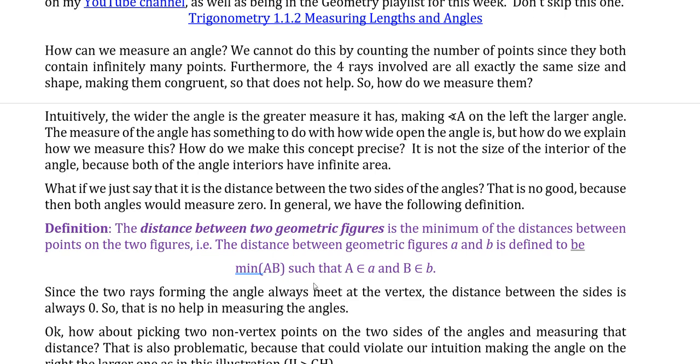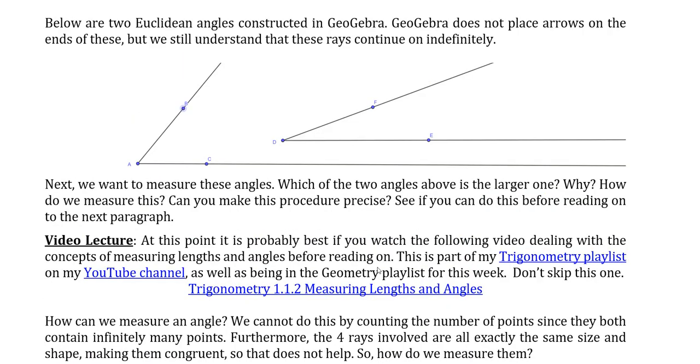So in other words, if we have geometric figures lowercase a and lowercase b, then we take the minimum of the distance between points A and B, where A is any point on little a, and big B is any point on little b. So find the point A and the point B so that they're the closest together. Find that distance. That's the distance between the geometric figures.